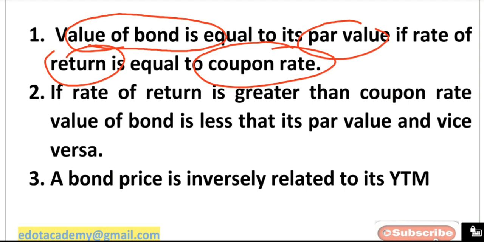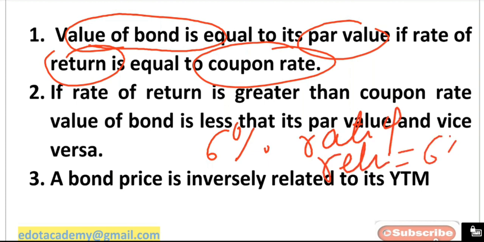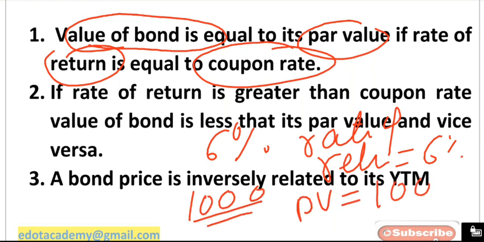Let's say the coupon rate is 6%, and the rate of return is also 6%, then the value of the bond will be equal to par value. That means when the bond matures after certain years, the present value of the bond will be only the par value. If the par value of the bond is 1000 rupees, the present value after calculation will be only 1000 rupees. So there will be no profit, no loss.